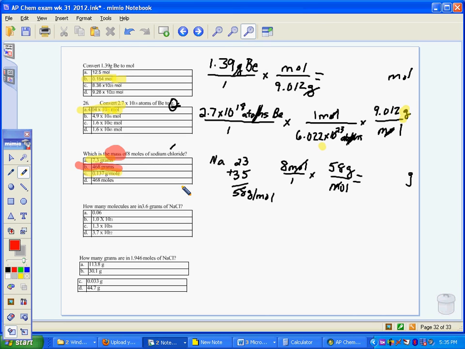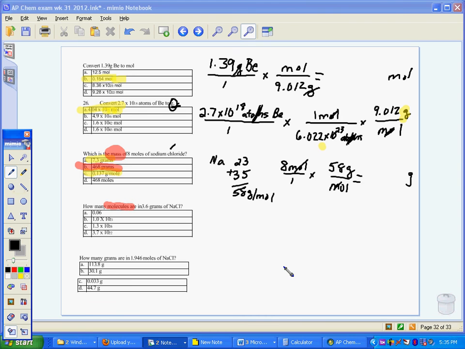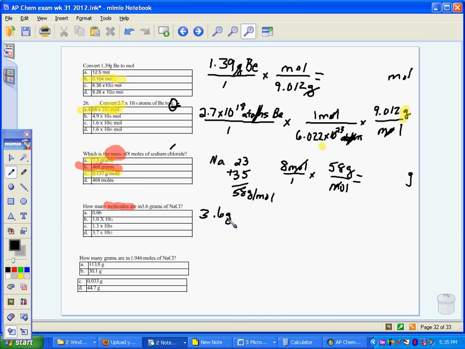Okay, the next one is I want to know how many molecules are in 3.6 grams of sodium chloride. So I start out with 3.6 grams.